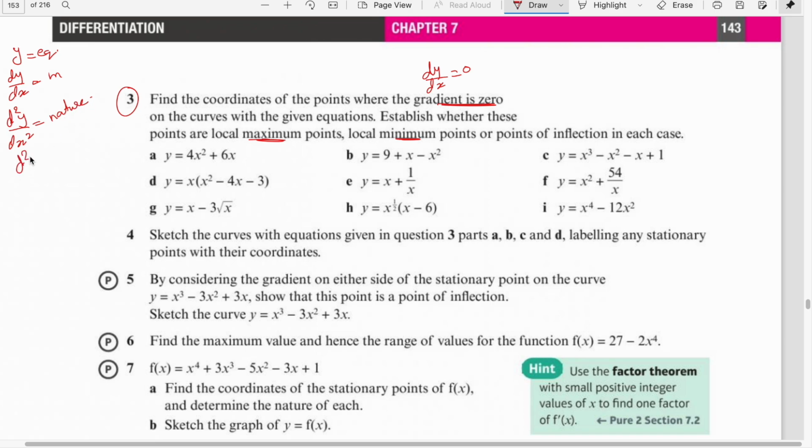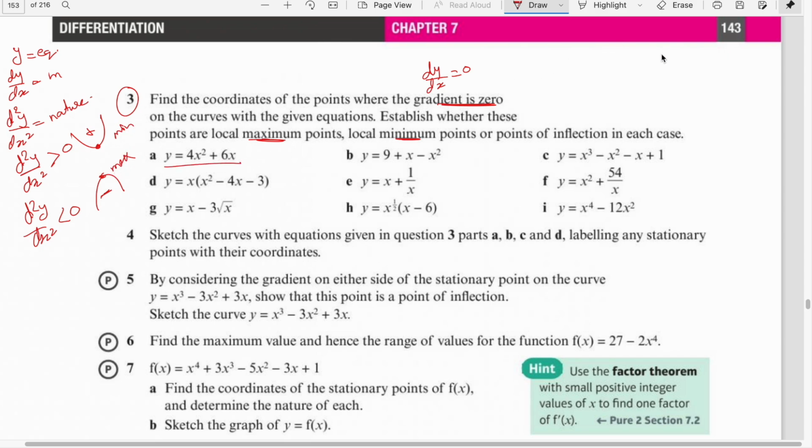Now if d square y over dx square is greater than 0, that means positive. Positive means a smiley face, that is a minimum point. If d square y over dx square is less than 0, negative, negative is a sad face, that means a maximum point.